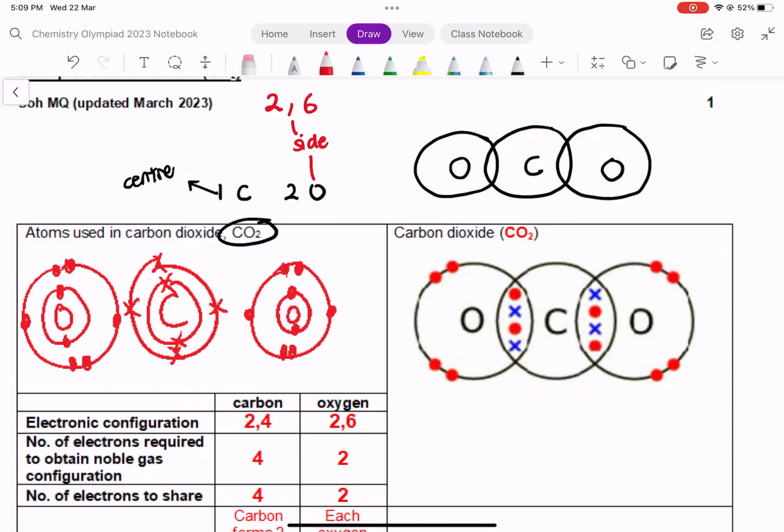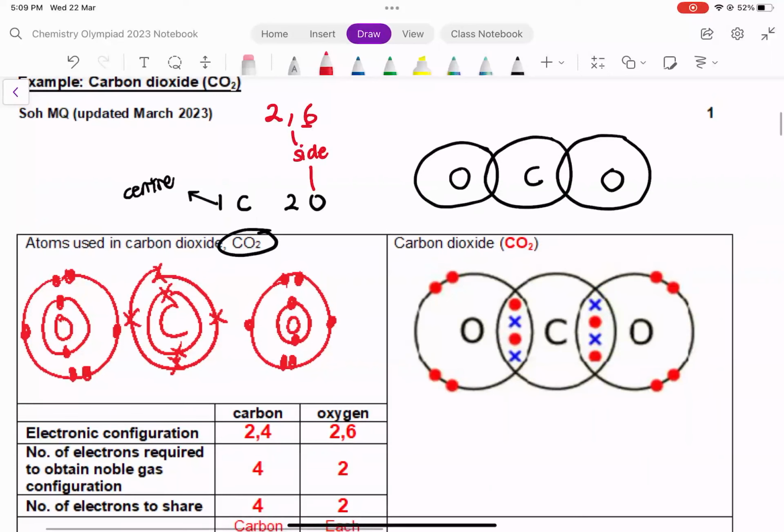So oxygen has 6 valence electrons. It's not stable because the valence shell is not fully filled. Each oxygen needs 2 more electrons to achieve a fully filled outermost shell, because fully filled means 8 electrons.